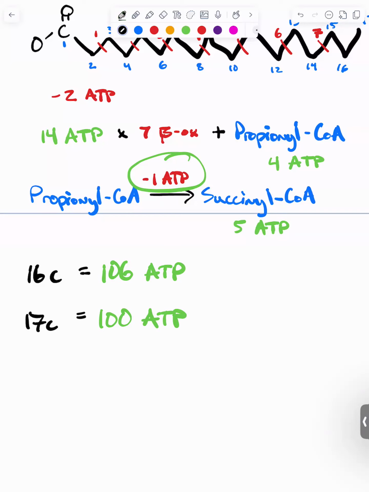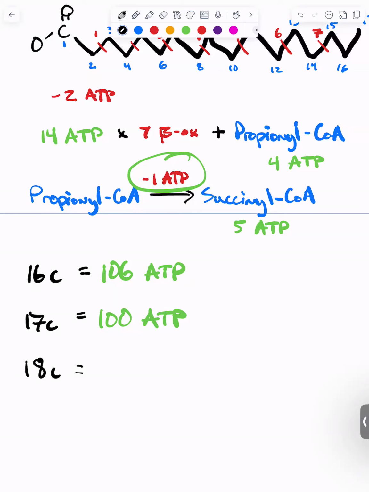Just based on this pattern and simple arithmetic, what would an 18 carbon chain be worth? What does an 18 carbon chain have that a 16 carbon chain doesn't? One more round of beta oxidation.